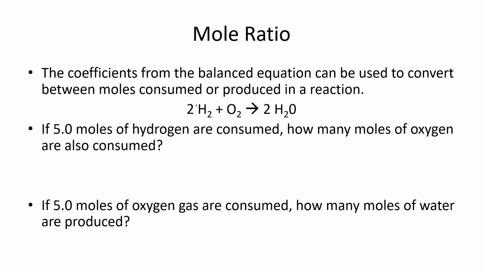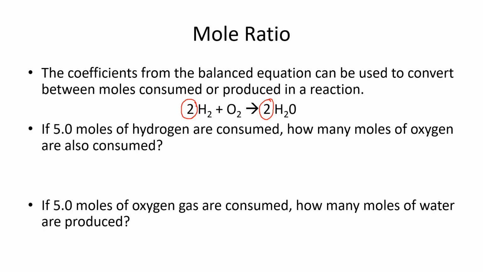So instead of just thinking of these numbers, the coefficients from a balanced equation, as quantities of individual particles, you can think of them as moles, as equivalent quantities of a large number of particles, which is more practical and also measurable. Because if we have 2 moles of hydrogen, that's something we can measure. 2 atoms or molecules of hydrogen, not so much.